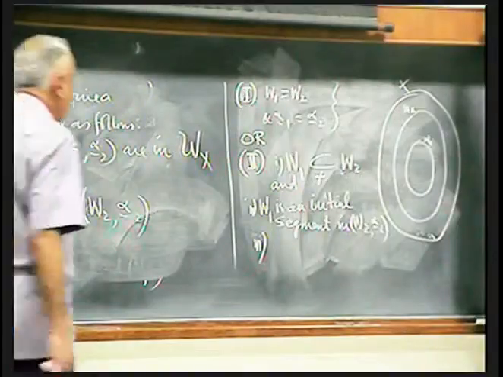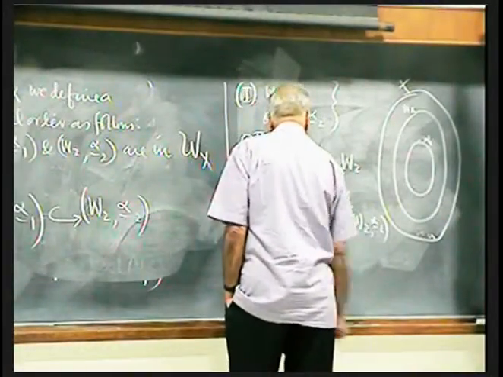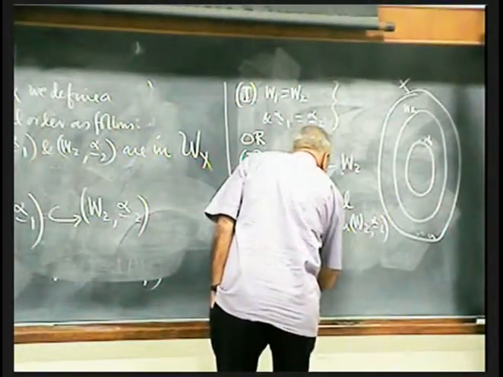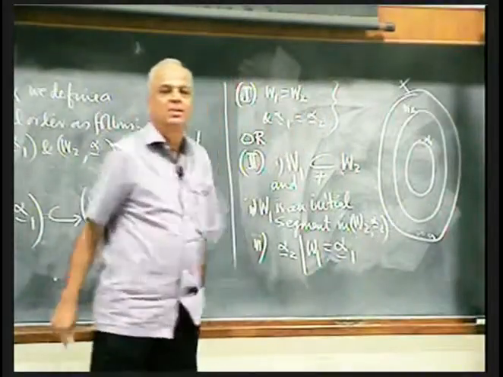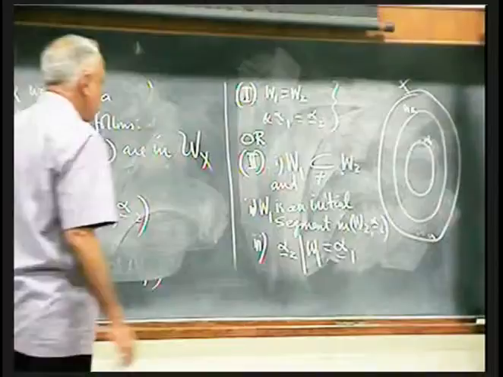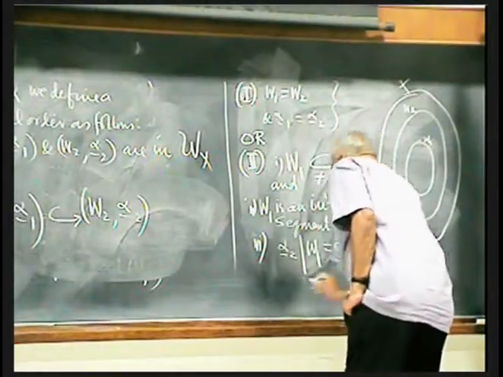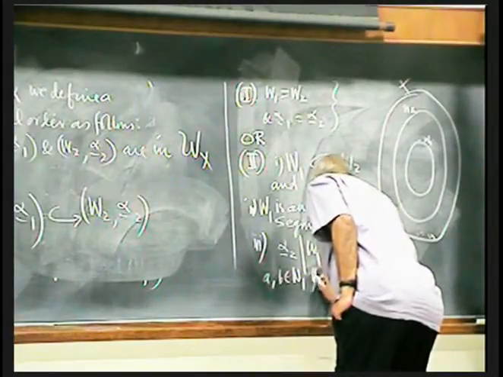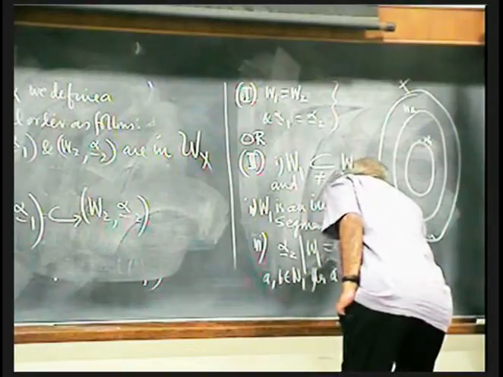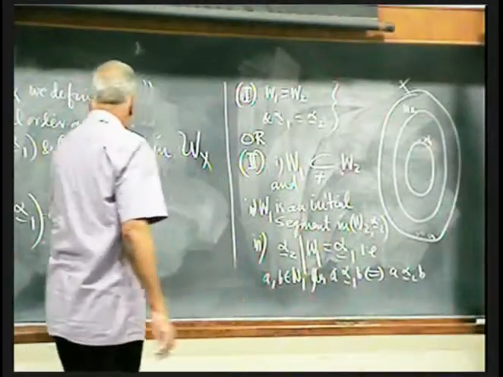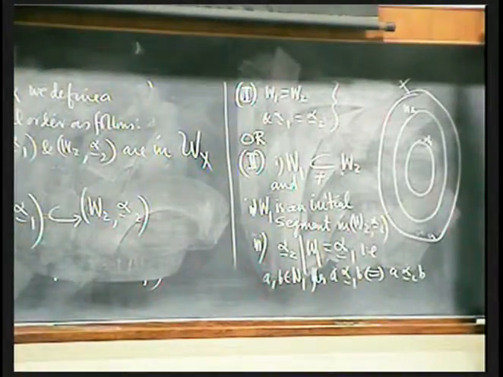If and only if, what should I say? The 2 relation restricted to W1 is the relation 1, or that is, for A, B in W1, A is 1 related to B if and only if A is 2 related to B. In this relation also they are related, this relation also they are the same relation.